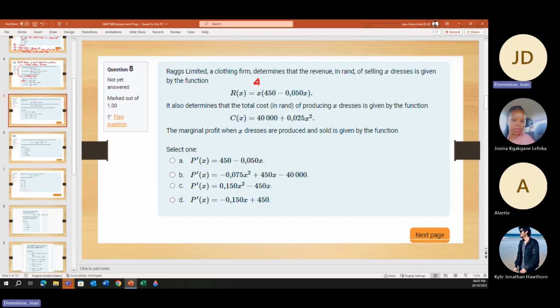Here it was also given as 450 minus the X. If this was something that I saw before the other question, then it might be easier to recognize it as something that you need to do that way.